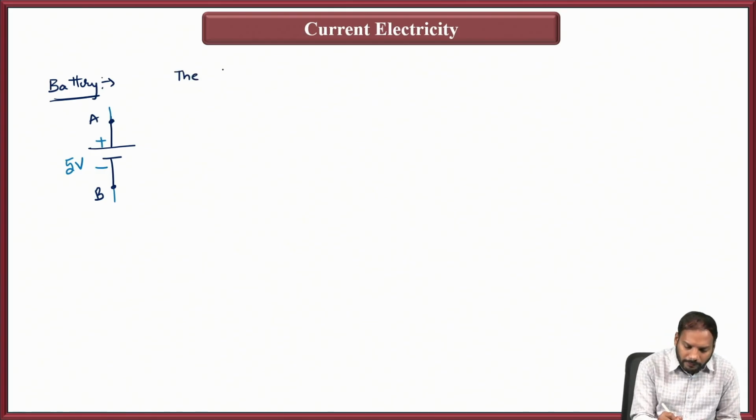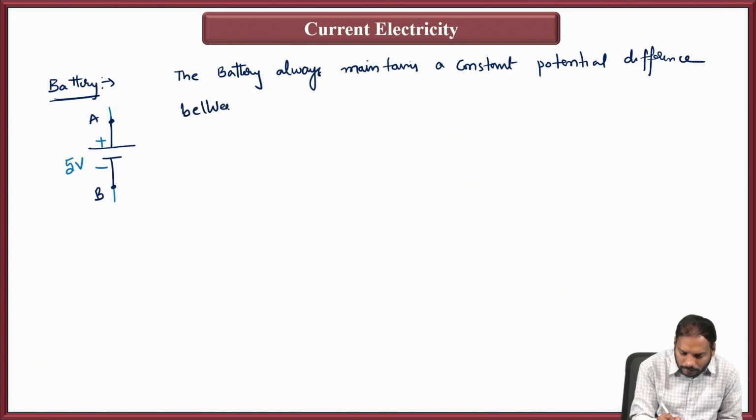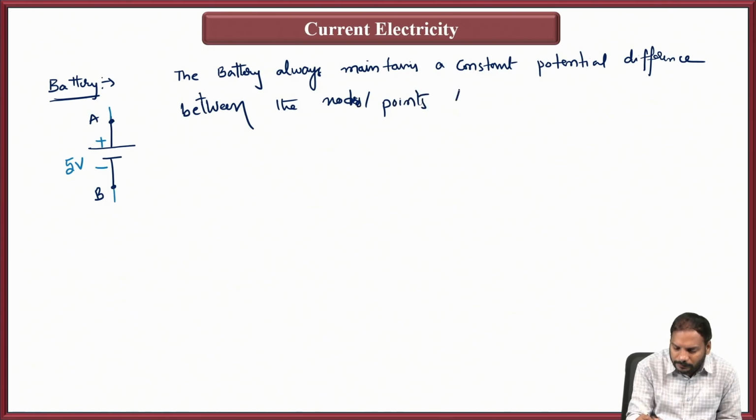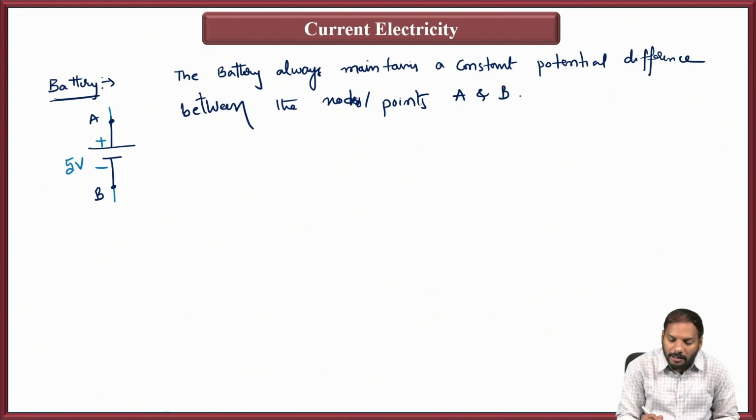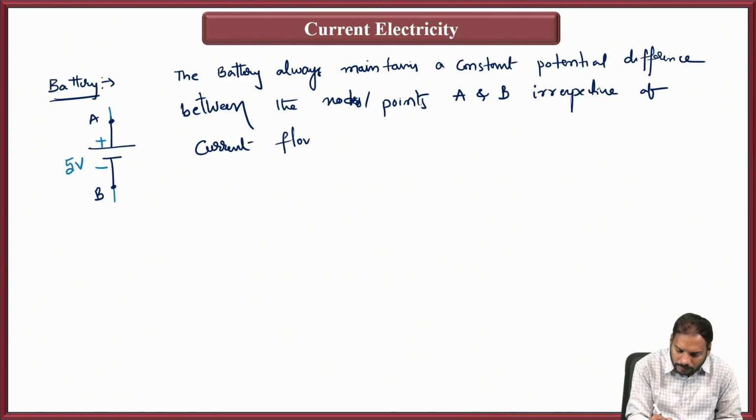The battery always maintains a constant potential difference between the nodes, or points, A and B. And this is also crucial: irrespective of the current flowing through it.